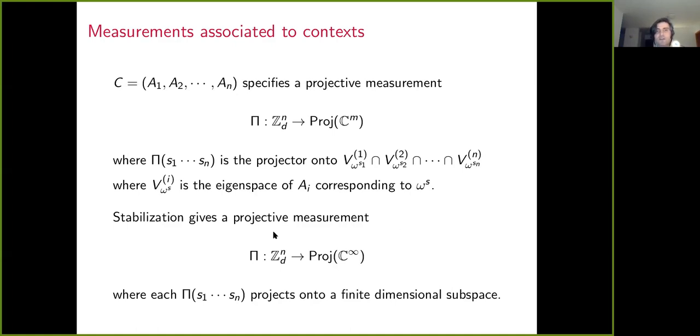Essentially, we are going to look at functions into projectors. On the right-hand side, the notation means that we are looking at projectors which project onto finite dimensional subspaces. So C infinity is again something quite finite, although you see an infinity here. It is the union of the C_M as M goes to infinity via this stabilization map again.